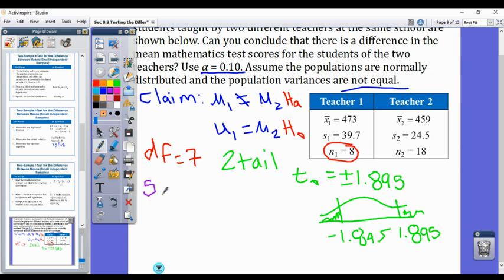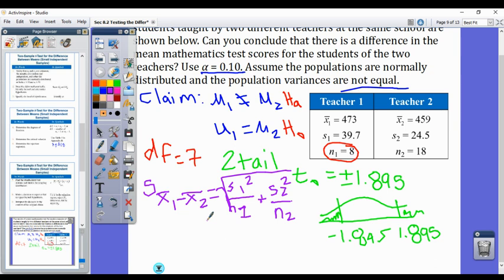So S is going to equal the square root of S1 squared over N1 plus S2 squared over N2. Okay, so I'm going to go ahead and put in the numbers from my chart here.